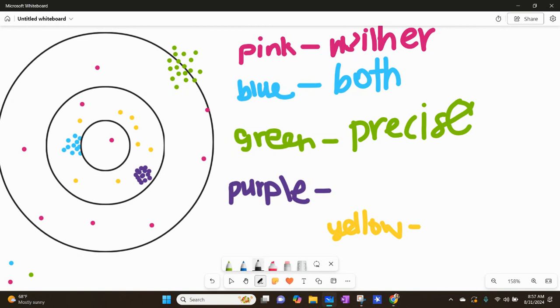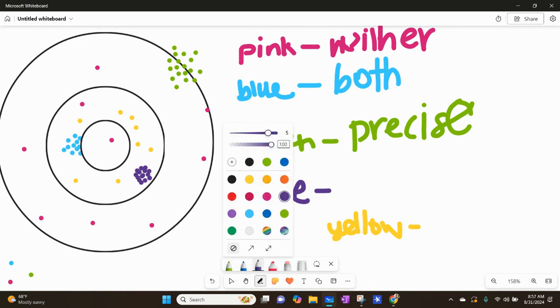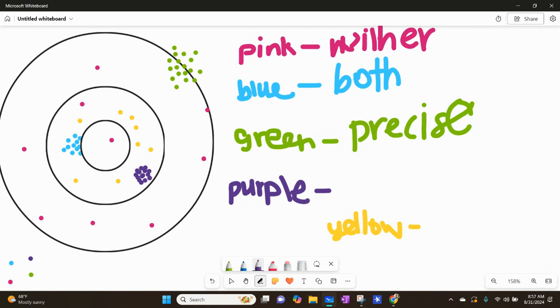Our purple points are not only very close to each other, but they are also very close to our actual value. This makes them both. And lastly, we have yellow.